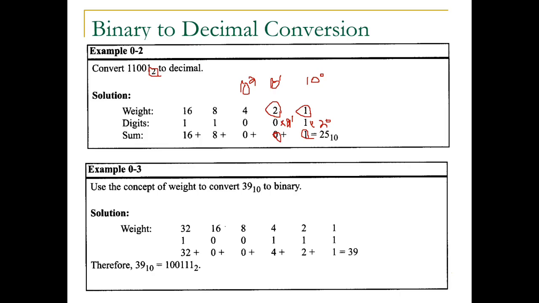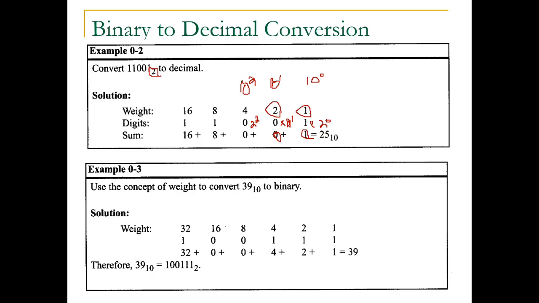Now the third binary bit is multiplied by 2 raised to the power 2, which is equal to 4. So 4 is the weight of the third binary bit, and 4 multiplied by 0 is equal to 0.